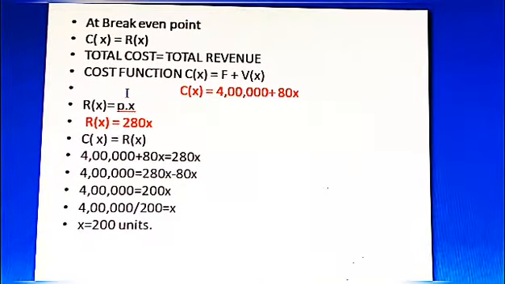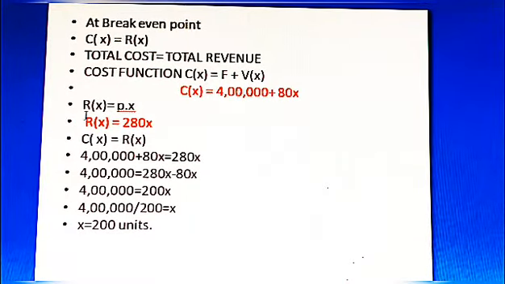That is the cost function. Total cost, your cost function C of X, is equal to fixed cost plus variable cost. So what is your fixed cost? We have 4 lakh plus variable cost 80x. Can we add these two, students? We cannot, because only like terms we can add, we can subtract. So we'll keep this as it is.